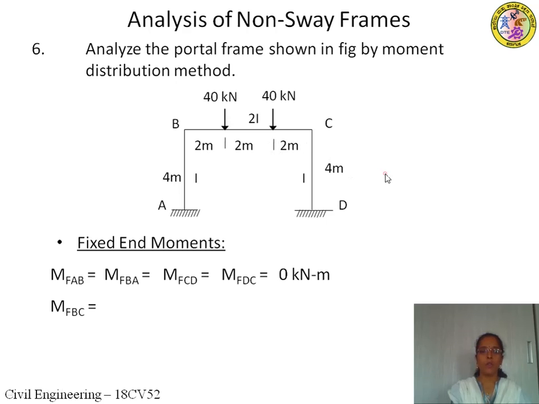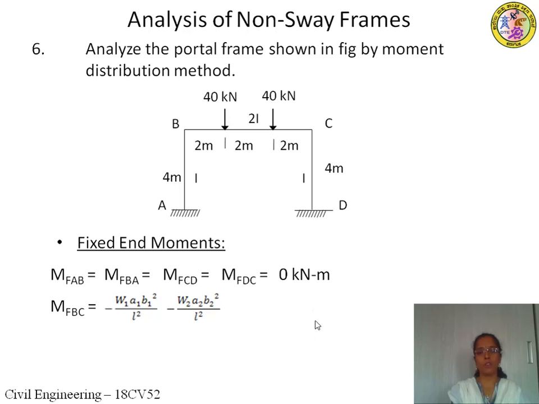The standard equation is WAB square by L square, so here it is W1 A1 B1 square by L square, minus again W2 A2 B2 square by L square. W1 and W2 are both 40. A1 is 2 meters and B1 is 4 meters, whereas A2 is 4 meters and B2 is 2 meters.